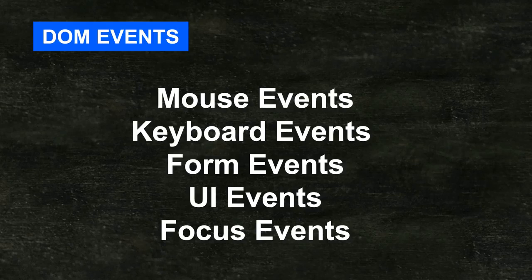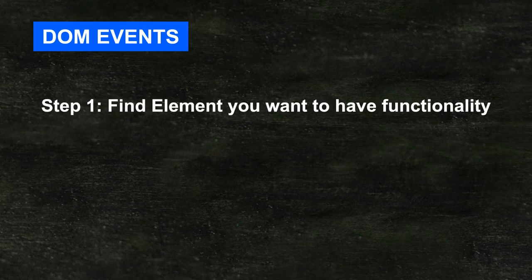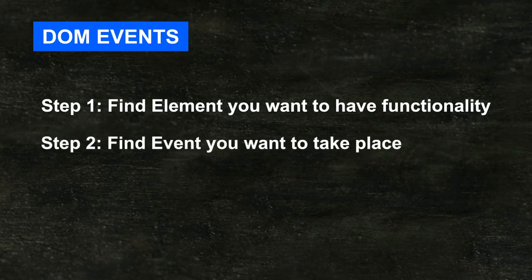And so in case you're wondering, how do events work? What happens is the first stage is you have to select the element node that you want to have your script respond to. So say you want to click a button, right? You want to go find that button and retrieve it and possibly store it in a variable. And then the next step is decide what type of event you want to take place.